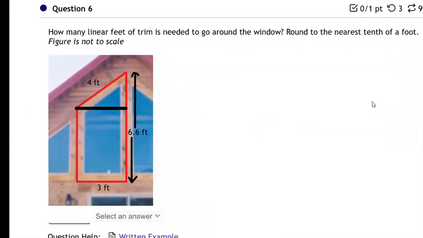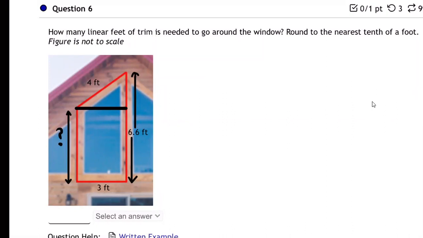So how can I find just this part? Question mark, there we go. How can I find just that part if the whole right side is 6.6?